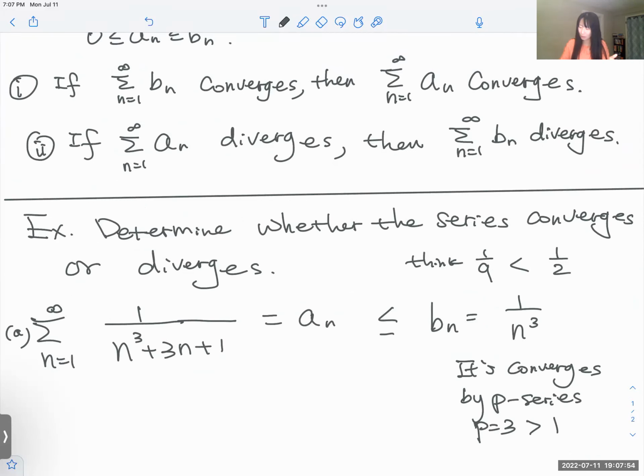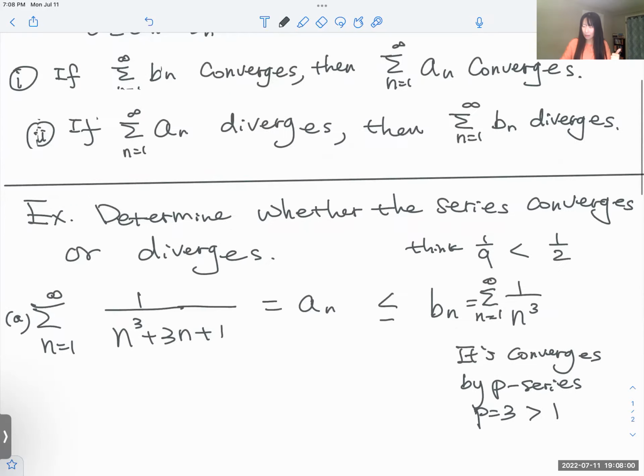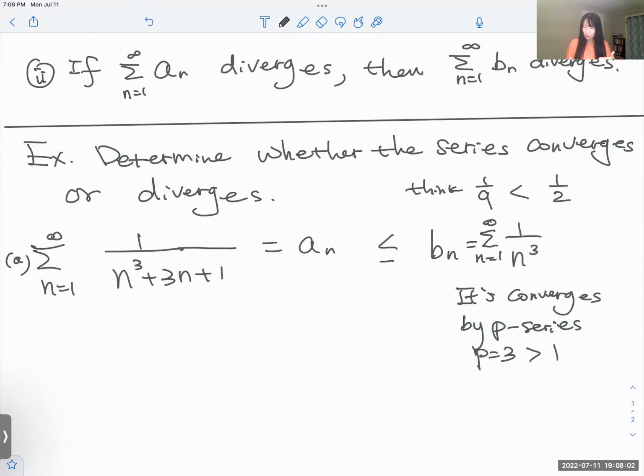So let me write down the series from 1 to infinity, right? Okay. Now we can say the series b sub n is convergent, or converges.